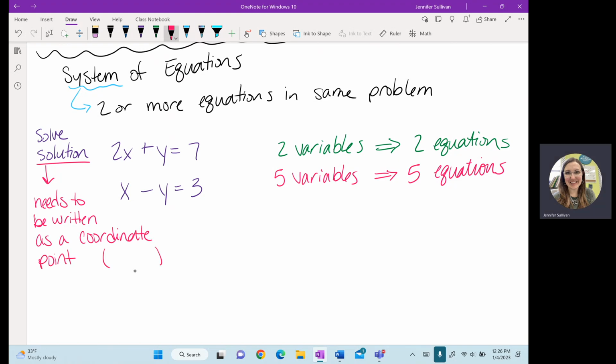So it needs to be written in the form x comma y with numbers in those spots for x and y. This is how we start to write our solutions. Again, I have an x and y in my original problem, so I need a space for x and y in my answer. But I am picky. Because this is a coordinate point, I require the parentheses on the outside and the comma in the middle.